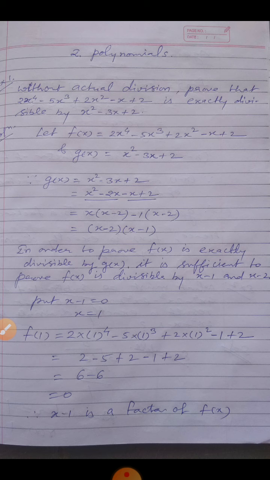In order to prove f(x) is exactly divisible by g(x), it is sufficient to prove that f(x) is divisible by both x minus 1 and x minus 2. If f(x) is divisible by both factors, then definitely it is divisible by g(x).